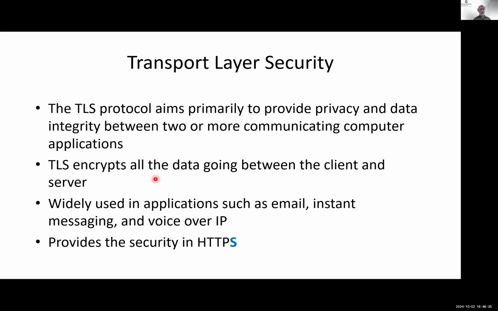Now, it encrypts the data. It does not encrypt the network headers. Encrypting the data would also imply the HTTP headers, but not the internet protocol headers that tell it where it's going. If you encrypted those and sent it to the next router, the router wouldn't know what to do with it.